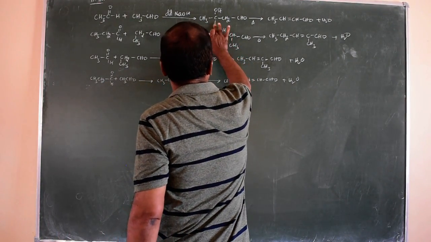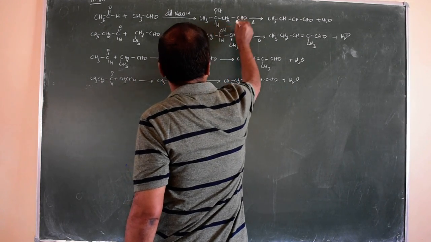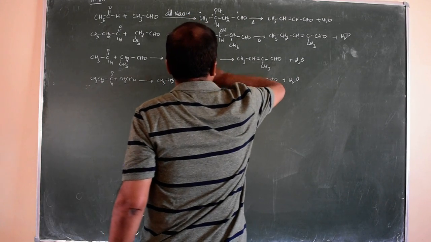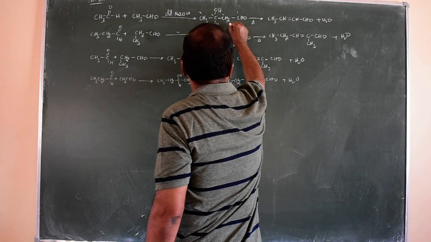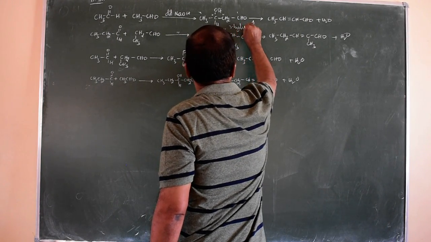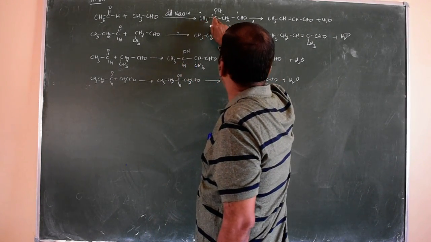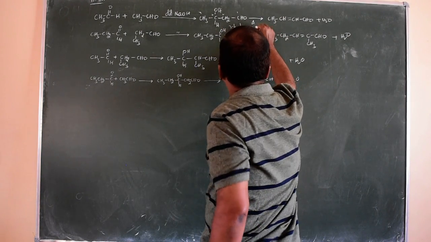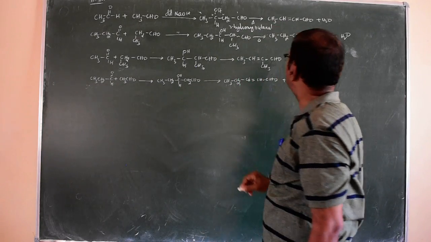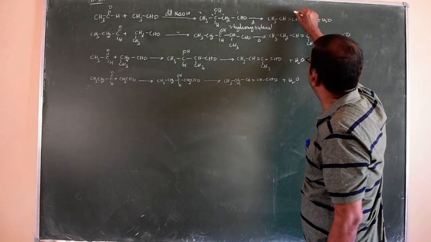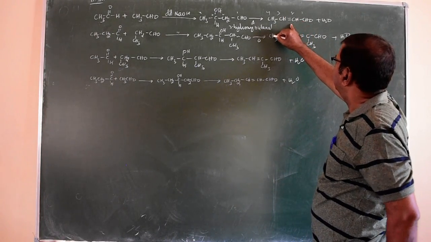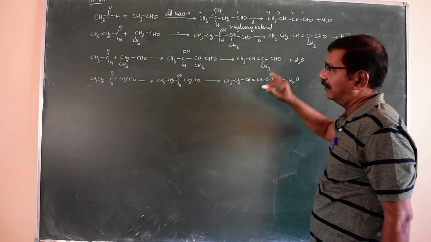The name of this compound is 3-hydroxybutanal, carbons 1, 2, 3, 4. After elimination, it is but-2-en-1-al.